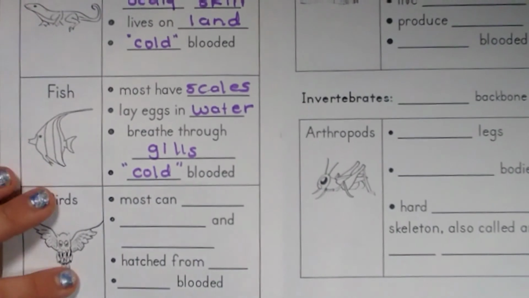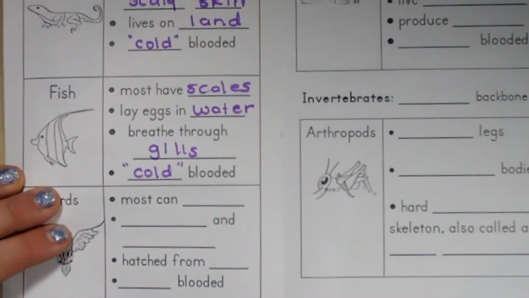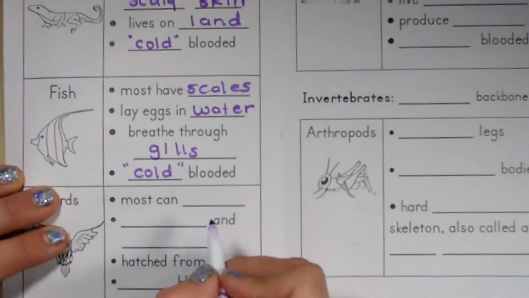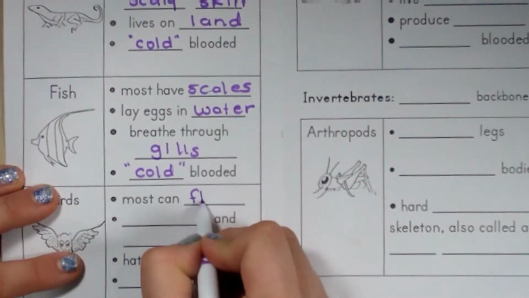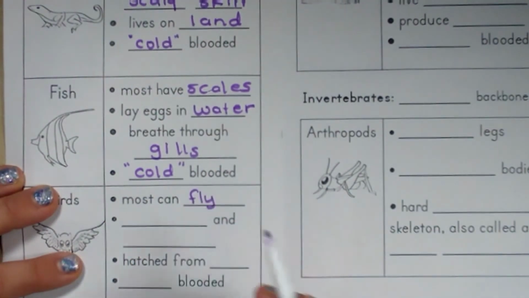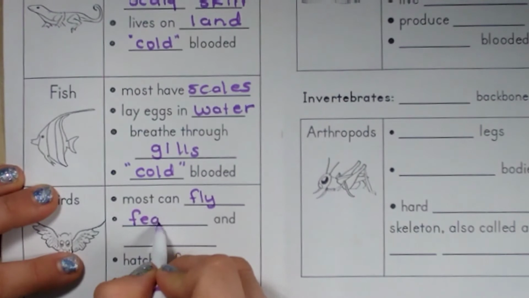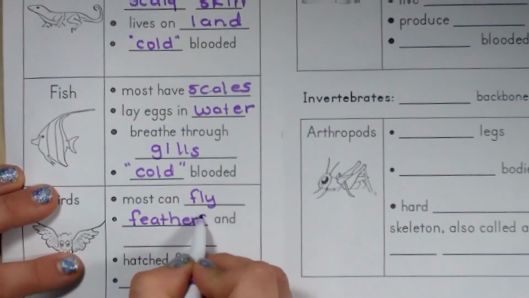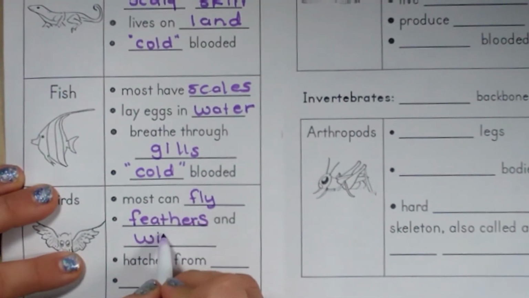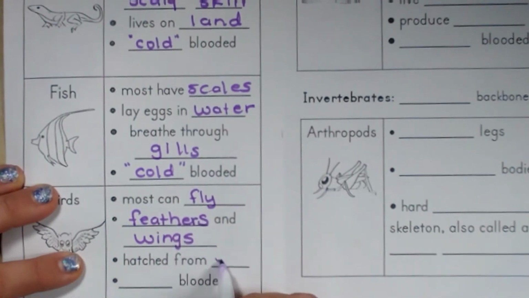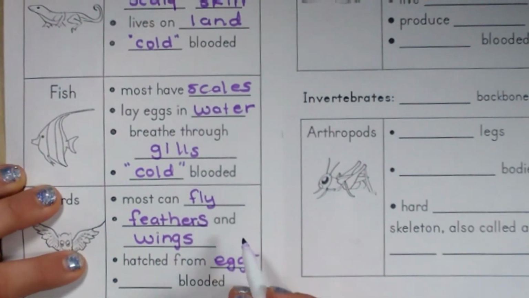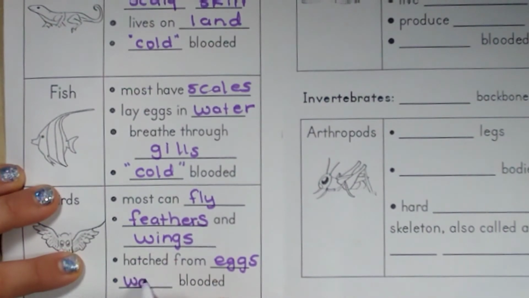The next one is birds. Most can fly. They have feathers and wings. They're also hatched from eggs. And they are warm-blooded, so they do not have to rely on the environment to regulate their temperature.